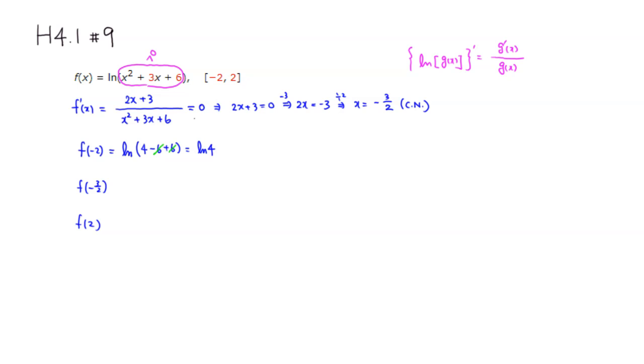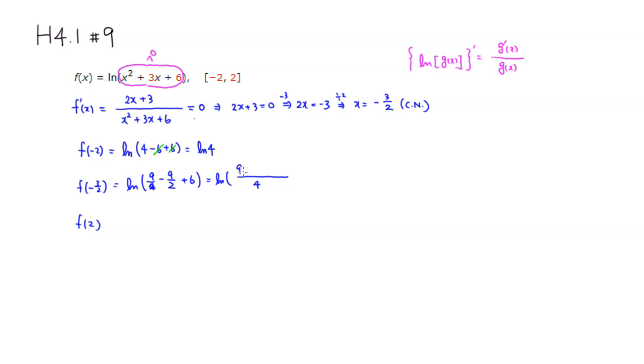How about when x equals negative 3 halves? This is going to be the natural log of, negative 3 halves squared would be 9 over 4, sorry. And 3 times negative 3 over 2 would be negative 9 over 2 this time. And then you have a plus 6. So let's take the common denominator of 4.